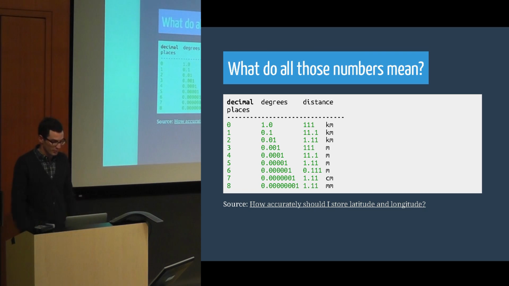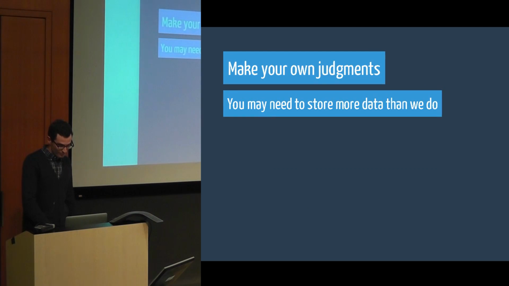It turns out that our bug was related to something else, but it's something to be aware of. If you are trying to store this information somewhere, you don't need to store 12 decimal points unless you're dealing with some very infinitesimal amount of measurement. So make your own judgments. You may need to store more data than we do. We were fine with 4 decimal points after realizing we didn't need to migrate our database and backfill data and things like that.